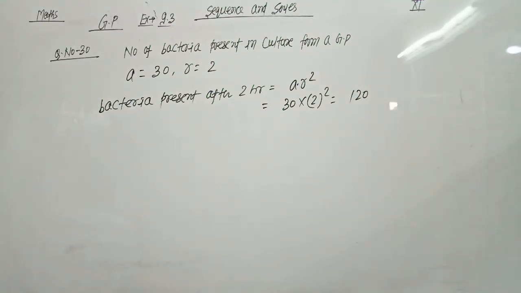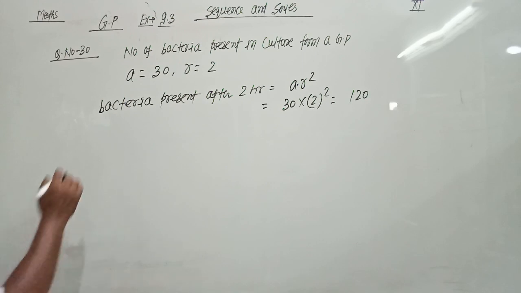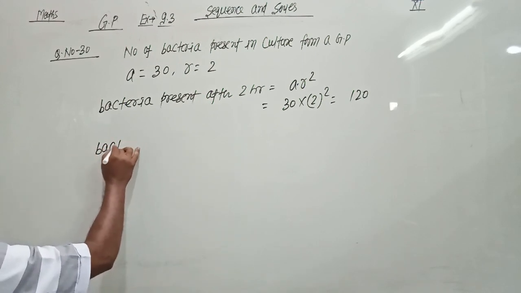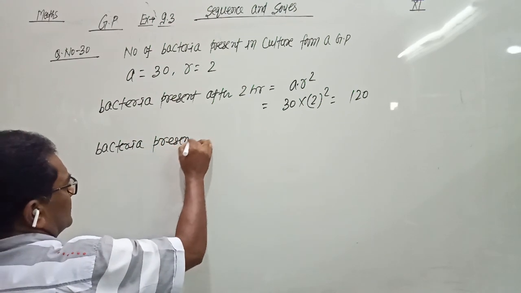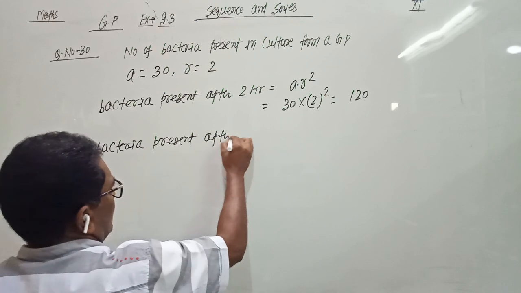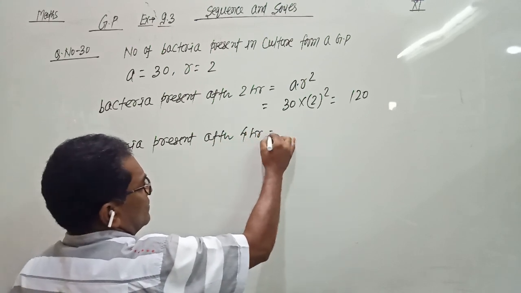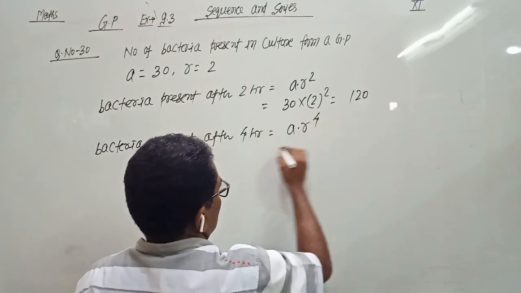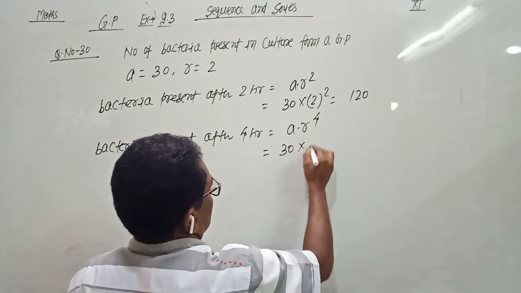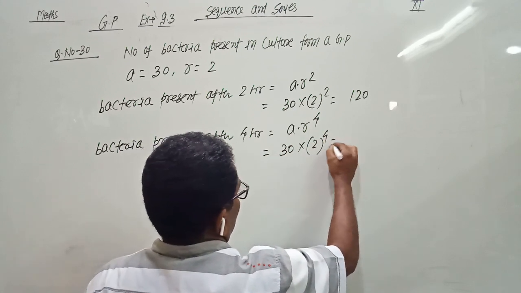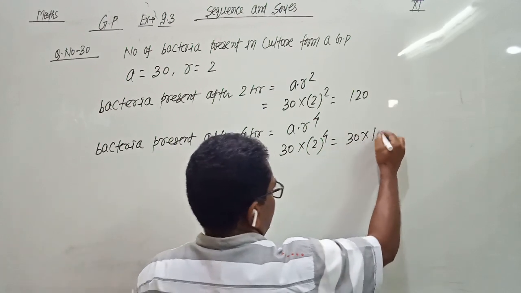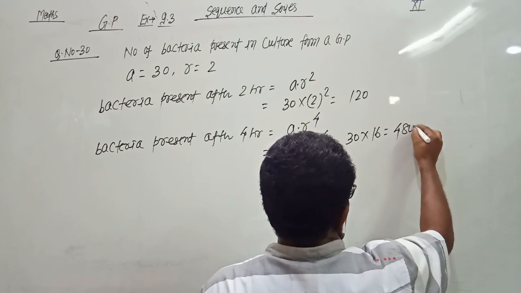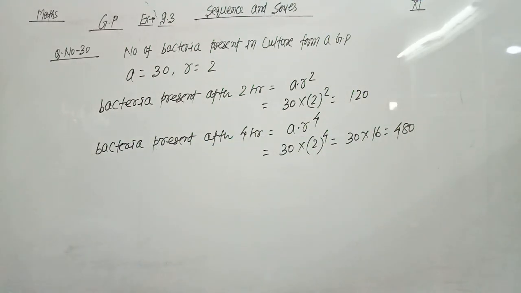Then we have to calculate bacteria present after 4 hours. After 4 hours means we use the formula A into R raised to the power 4. So 30 into 2 raised to the power 4, 2 raised to the power 4, 16. 30 into 16. The number of bacteria after 4 hours will be 480.